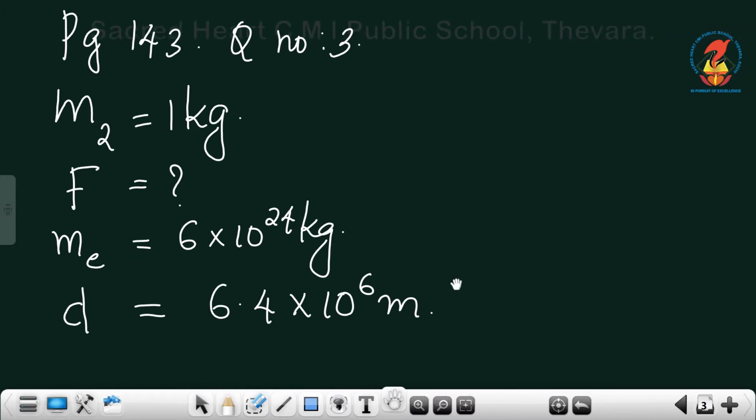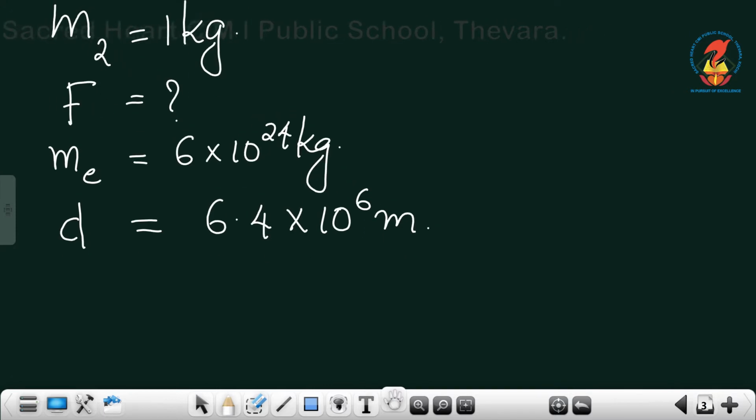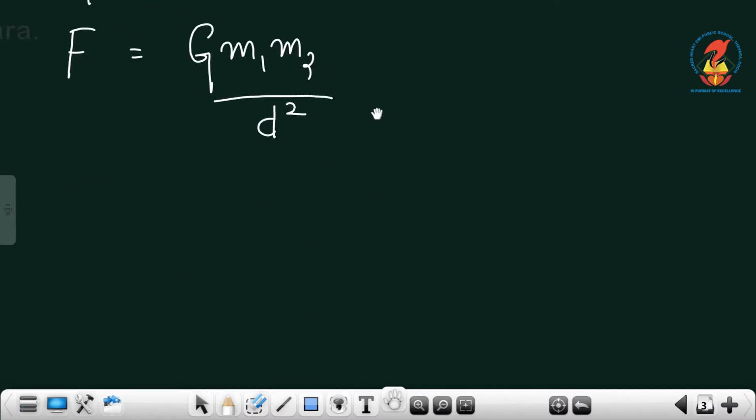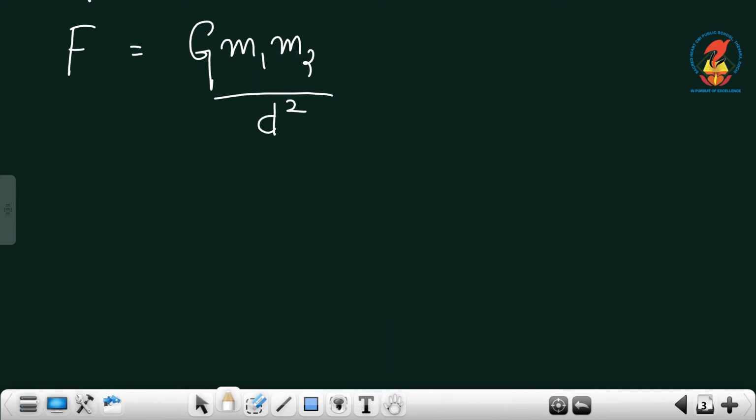Again, to calculate the gravitational force, the equation is F is equal to G m1 m2 by d square. Now substitute the values in the equation. F is equal to the value of G, the universal gravitational constant, which is 6.7 into 10 raised to minus 11. It is a constant which you need to learn by heart.